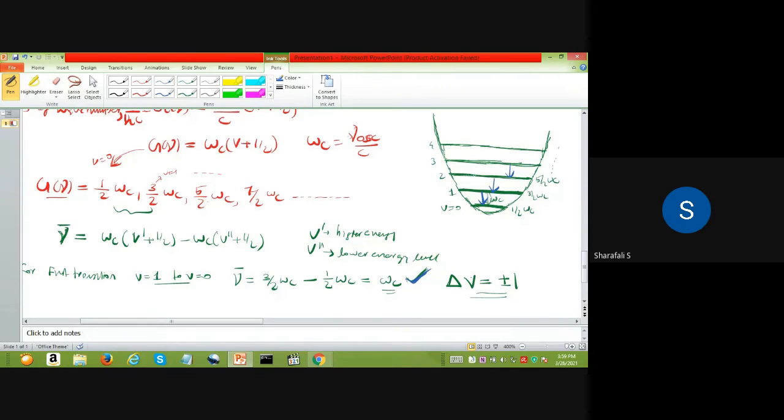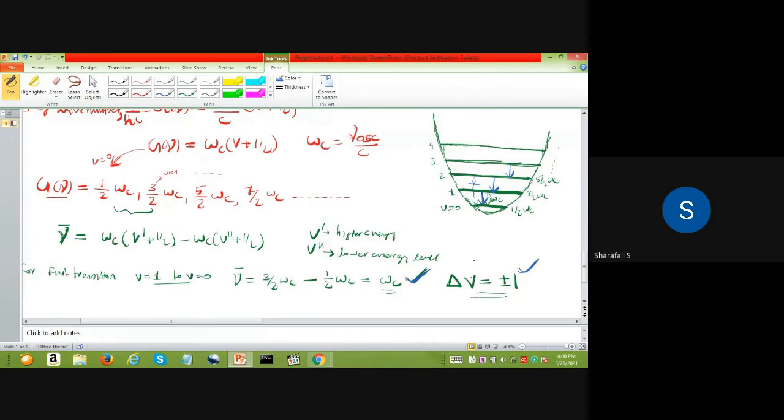From 2 to 0, this transition is not possible because it is against this selection rule. Delta V should be equal to plus or minus 1. It can go up, it can go down. When it is plus 1, it is going down from a higher state to a lower state, so delta V will become 1 minus 0, equal to positive 1. In the other case, it can go from 0 to 1.